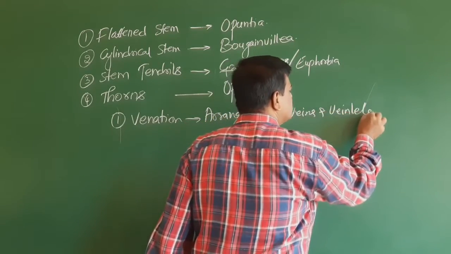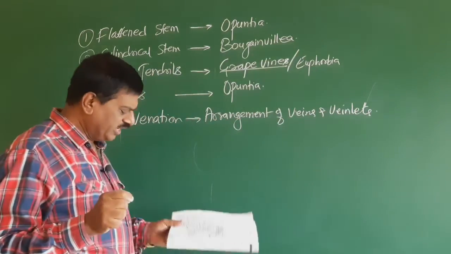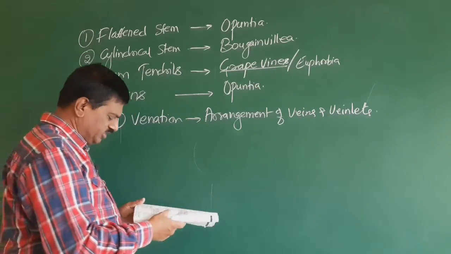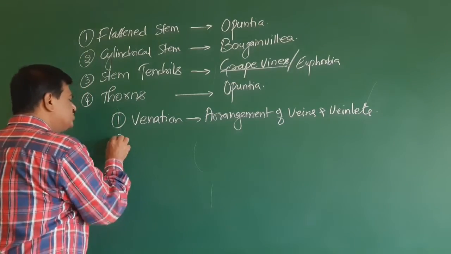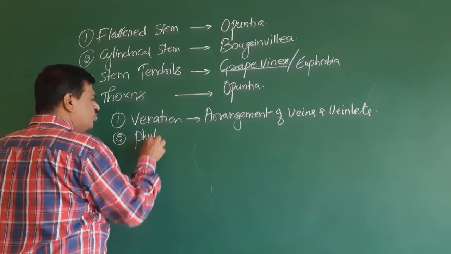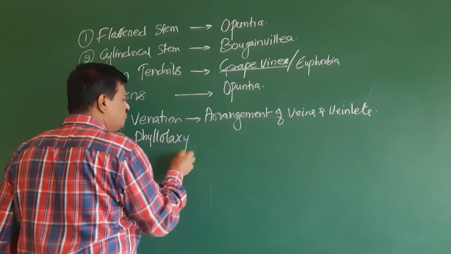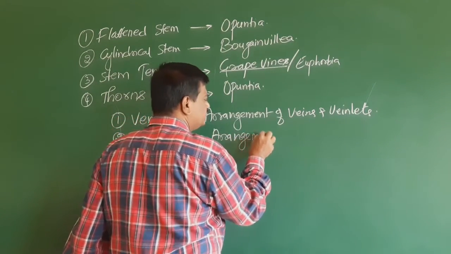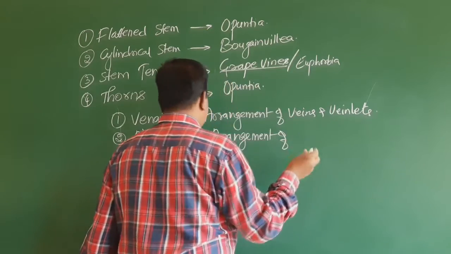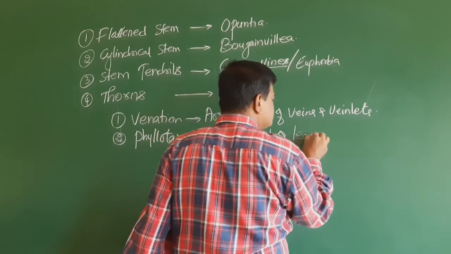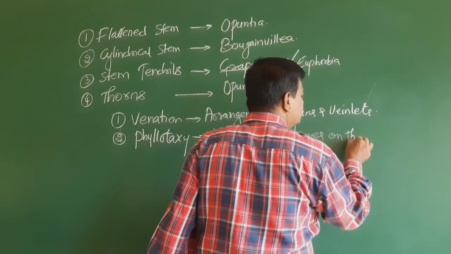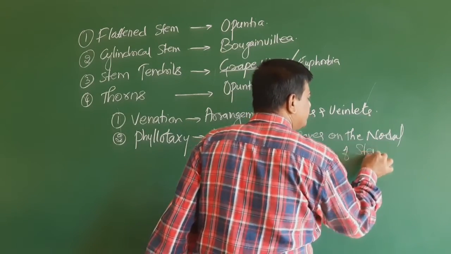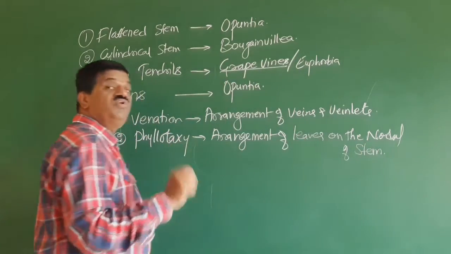Here you can see reticulate venation or parallel venation. The second one is phyllotaxy. The word phyllotaxy is nothing but arrangement of leaves on the nodal region of stem.